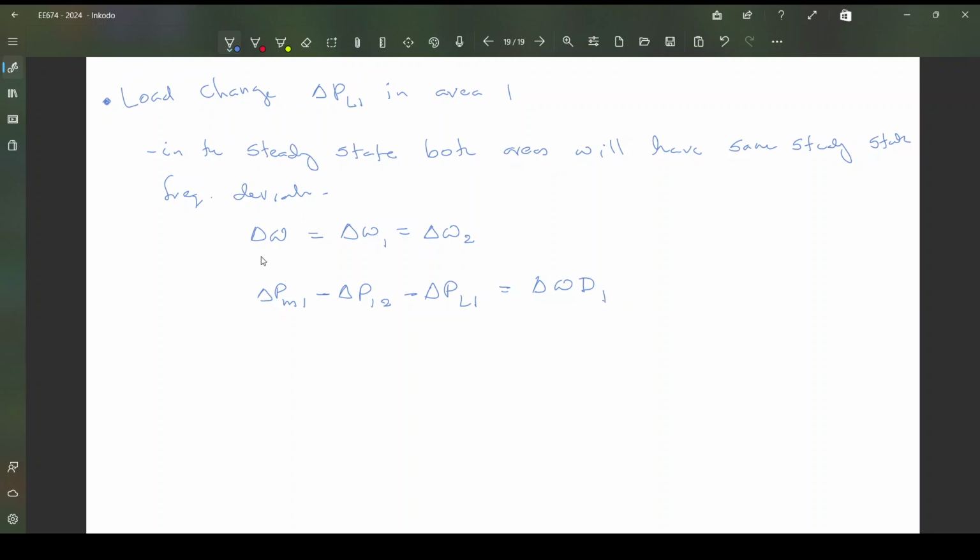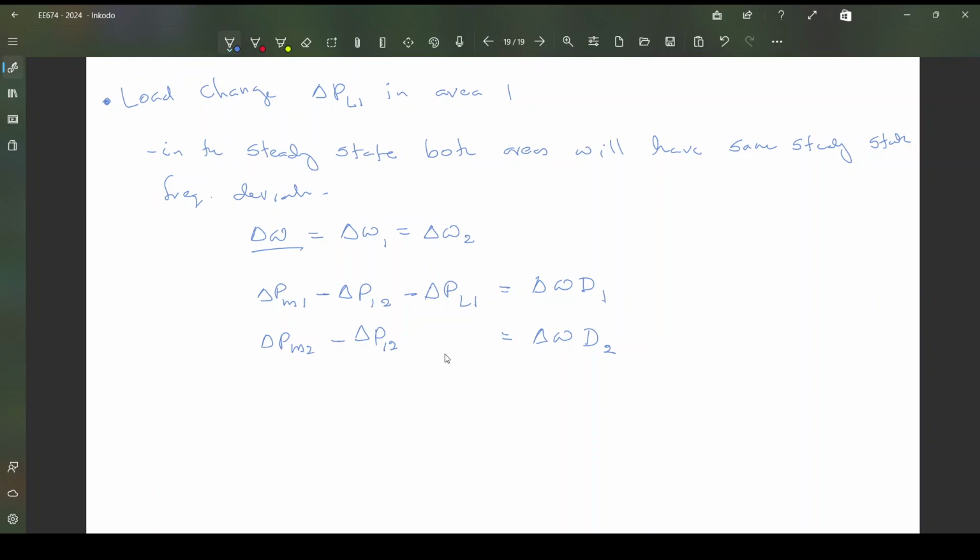And in the same way delta Pm2 minus delta P12 would be equal to delta omega T2. There's no load change in area 2.